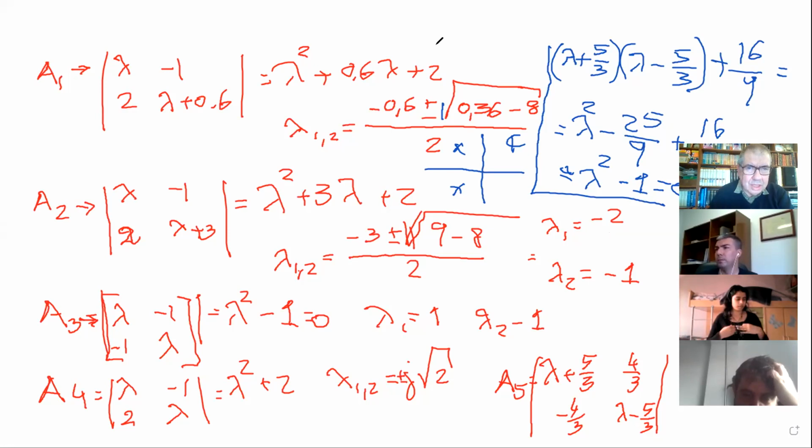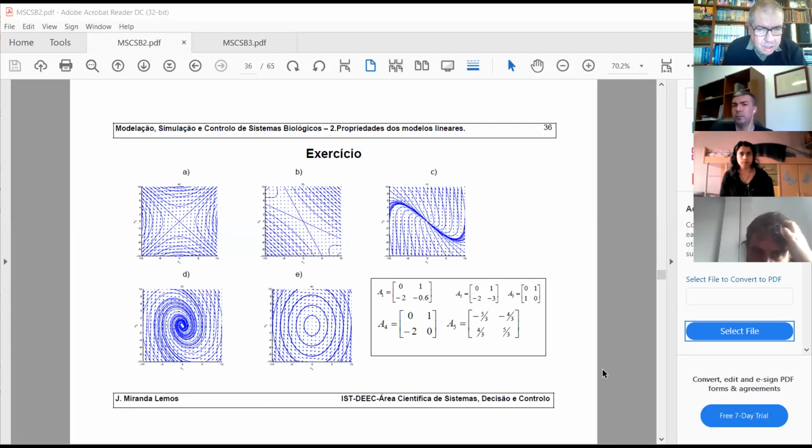Two negative eigenvalues should be what? C. Why C? Because they go to 0. They are stable, and C actually goes to 0.